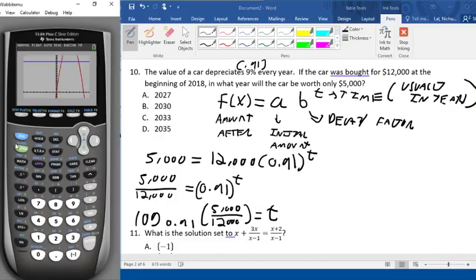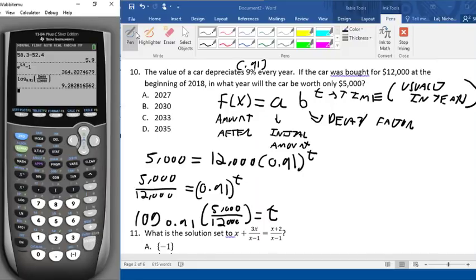So the log base 0.91 of 5,000 divided by 12,000, that's going to be equal to t.